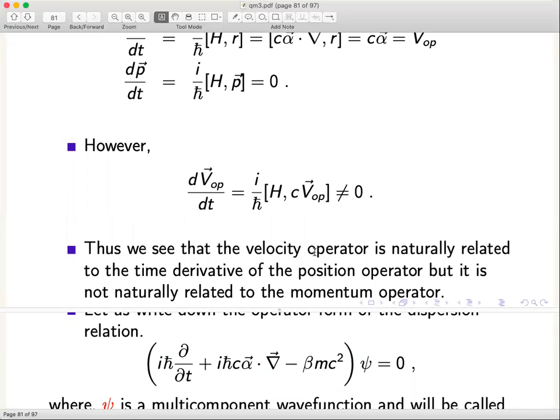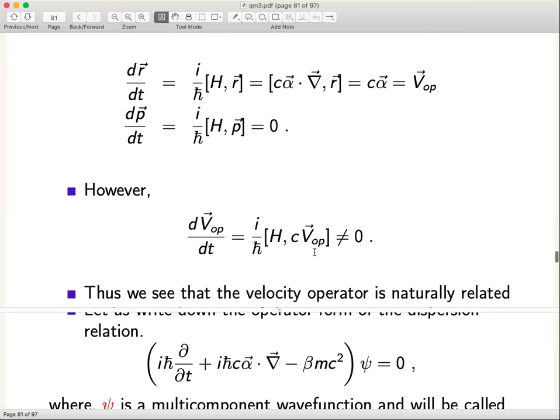Quickly, you can see that i by h bar acting on the remaining piece is basically the Hamiltonian with a minus sign, because i h bar del by del t minus H equal to 0 is the equation you would want to write down. So minus of this is the Hamiltonian. If you multiply by i by h bar, you basically get c times alpha dot del, because that will cancel out this piece.